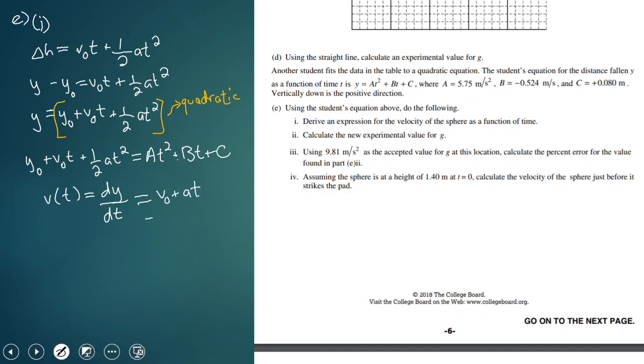And then again, taking the derivative of the other side, we would get 2 capital A t plus B. And so you can either leave it as just this expression, or you can plug in the actual values, and you would get 11.5 t minus 0.524. And keep in mind this would be in meters per second.